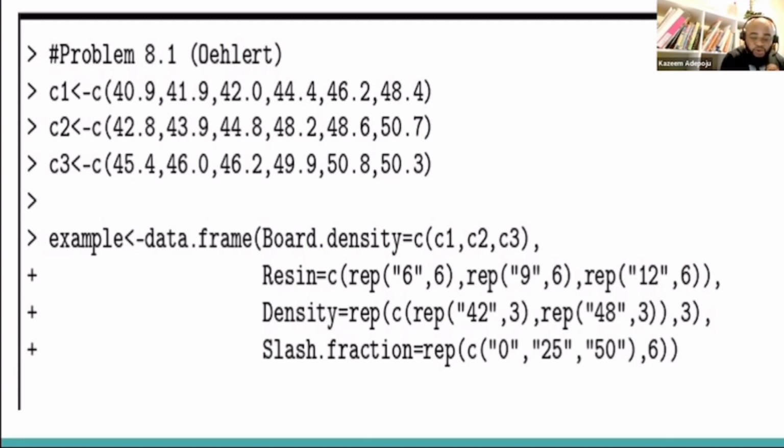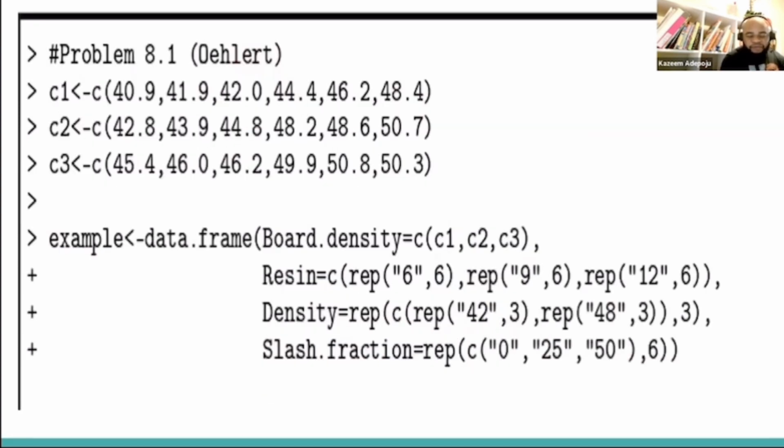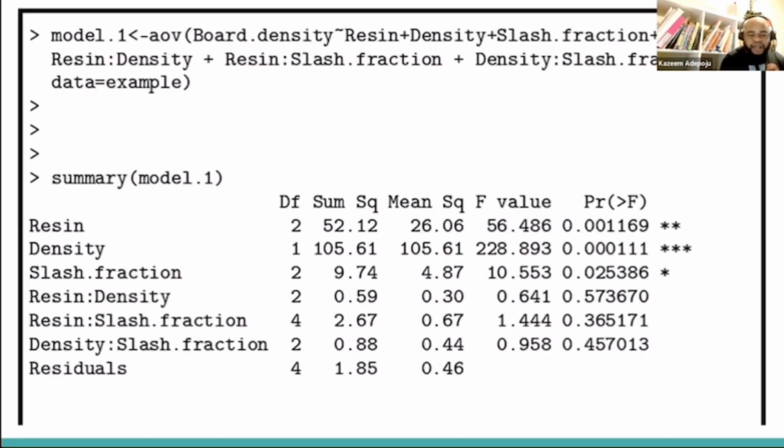So this is the coding of this particular data set in R. I believe my TA is going to walk you through how to go about that. Now, in the end, I just want to show you the results.